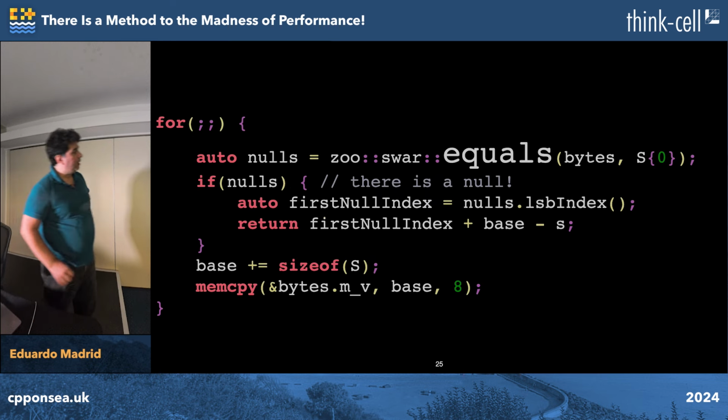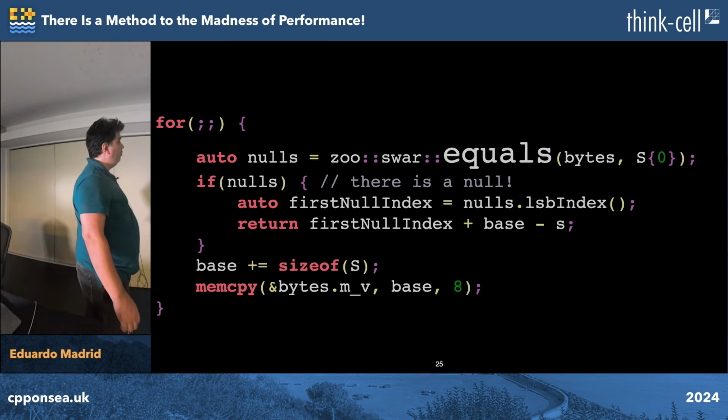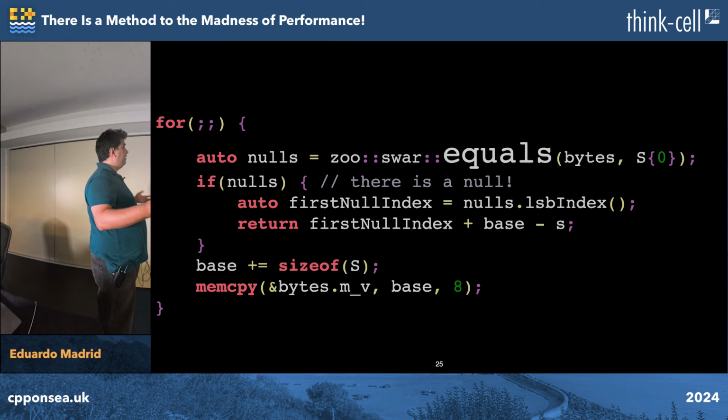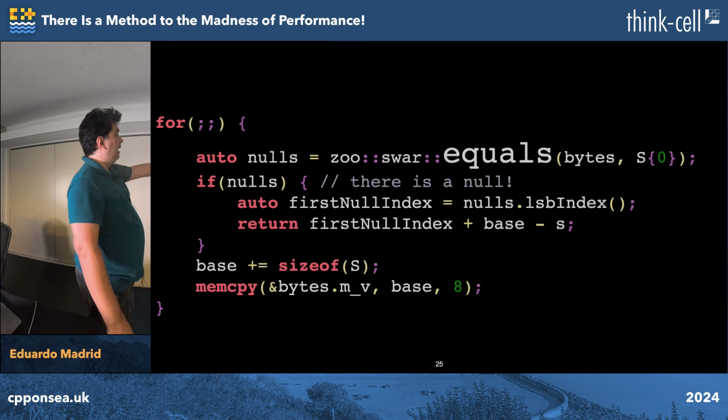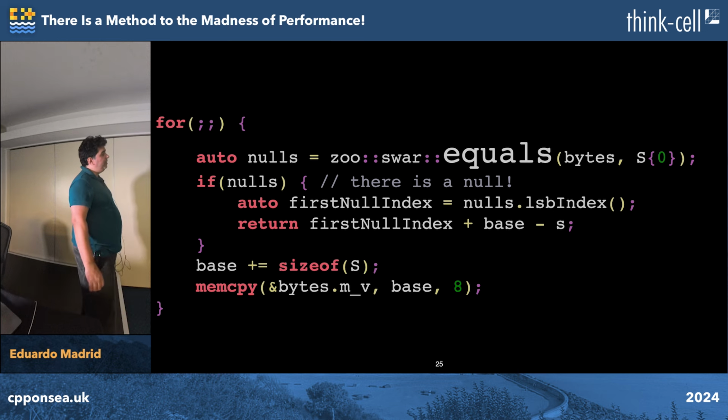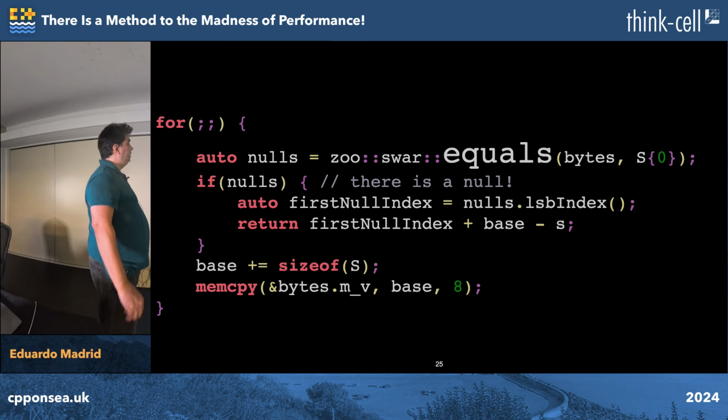Then we enter into the actual loop. We have basically established the invariant for the loop. And we use the primitive equals in the library that is going to tell us what lanes, what bytes in the collection of bytes are going to be equal to 0.